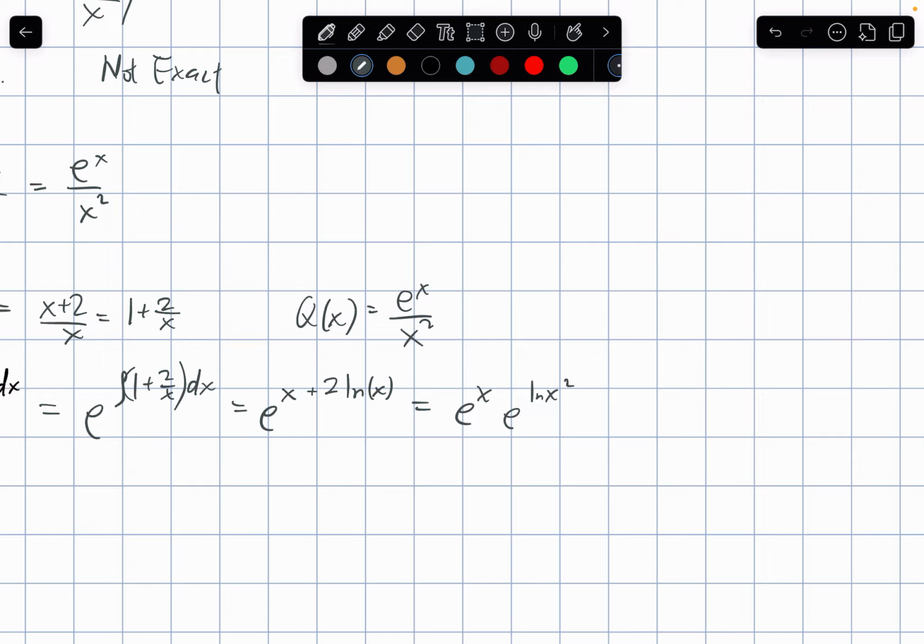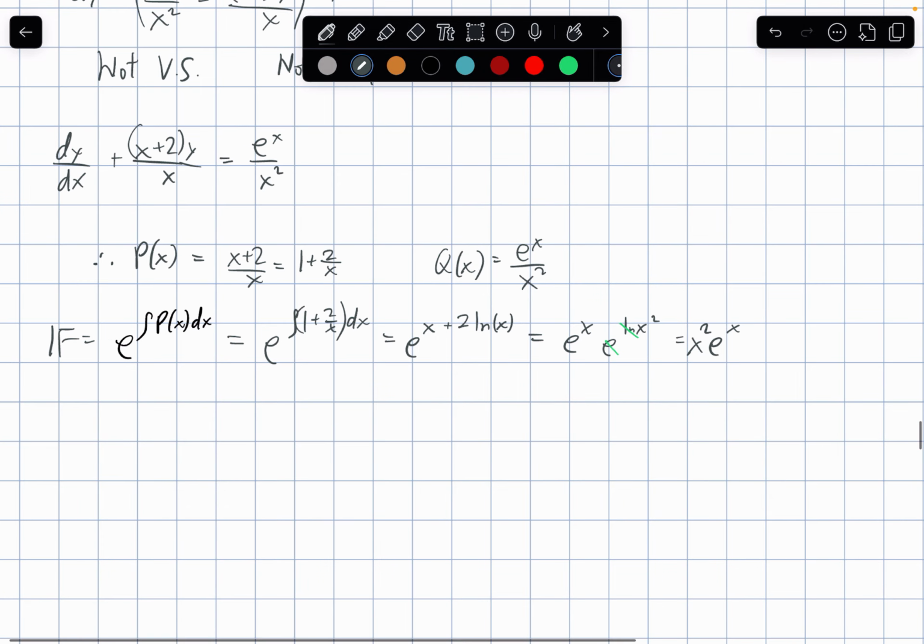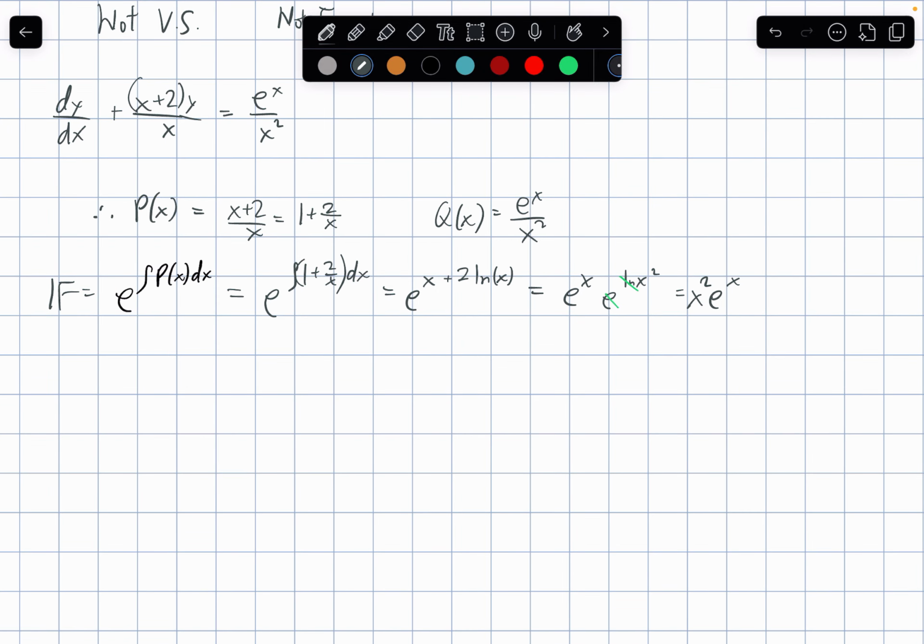But you can bring 2 in the exponent position. That's what you have to do because we're going to cancel e and ln. So what you're left with is x squared. So x squared e raised to x. That is the integrating factor. It's fun, right? It feels fun.